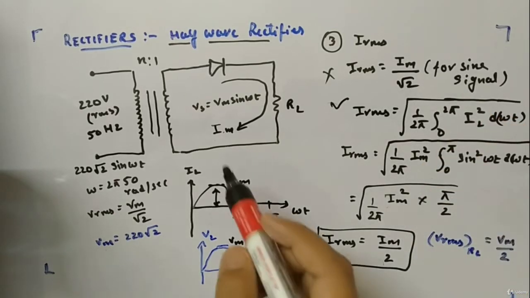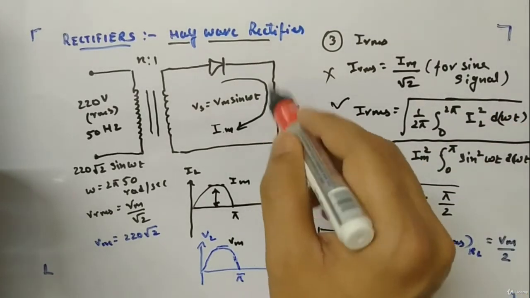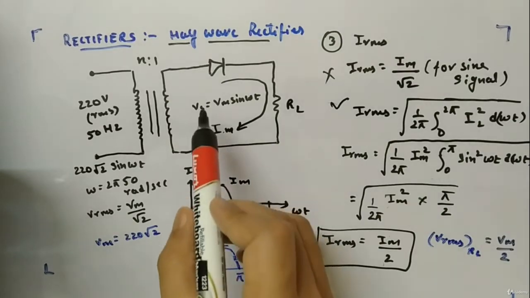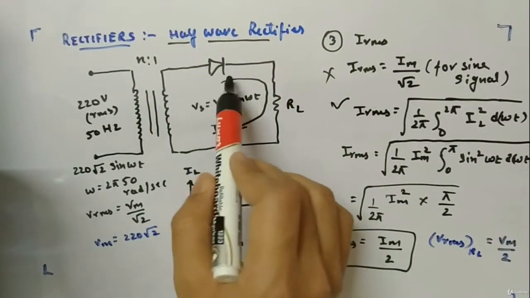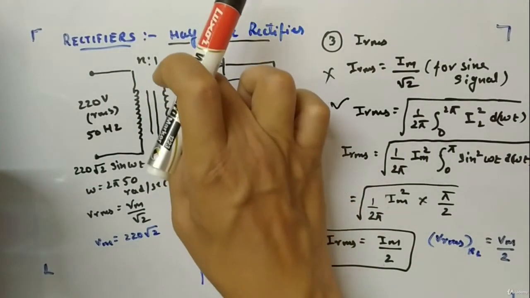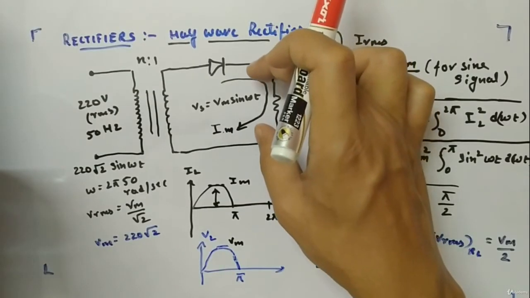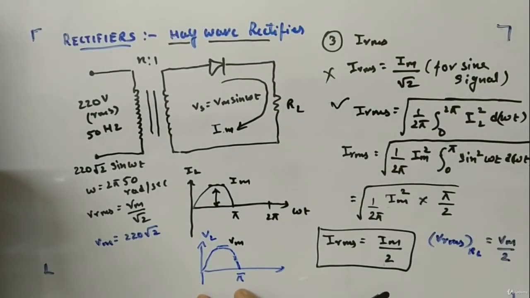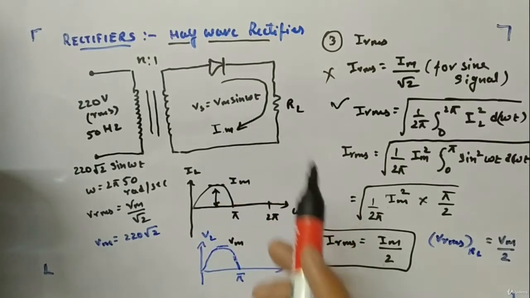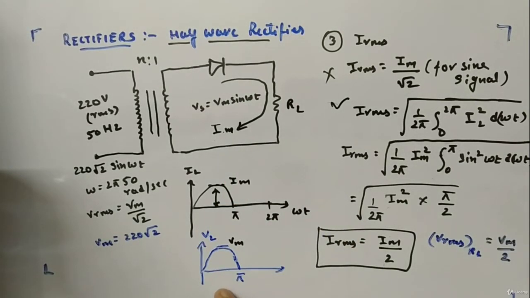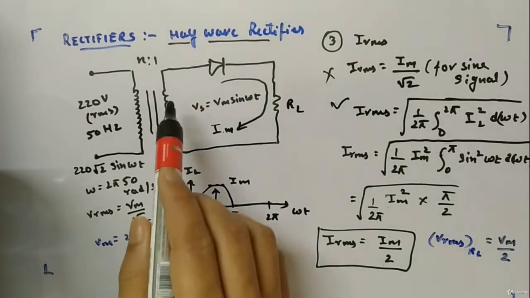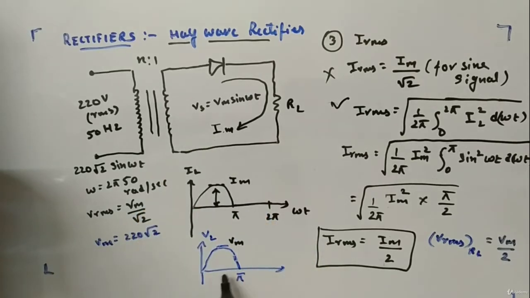But why will this voltage be here? Because when the diode will be conducting, this will behave as a short circuit, so this voltage will appear here. Okay, but only for 1/2 cycle, and this voltage is Vm sin omega t, so that is why you are getting the same signal as what you are applying at the input, but for 1/2 cycle.